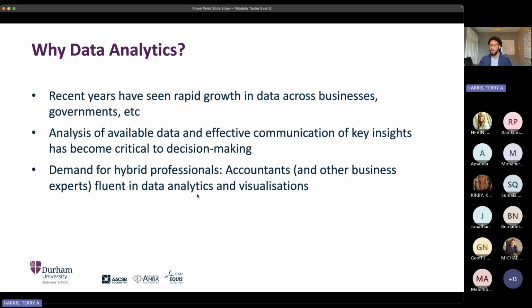You also have to pair this with expertise in data visualization, so how to effectively communicate insights drawn from those data to decision makers. You have to create dashboards and engage in storytelling. So we know this is the case, and this is why data analytics, particularly in accounting, makes sense and is important.